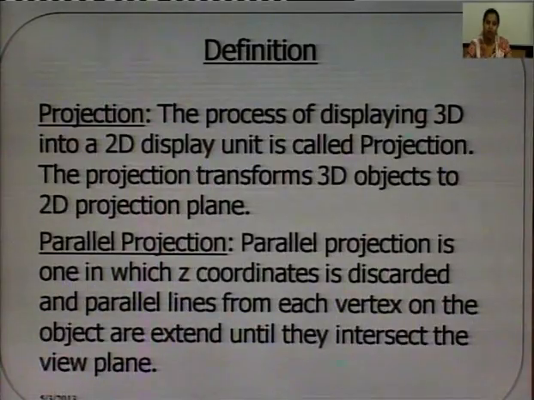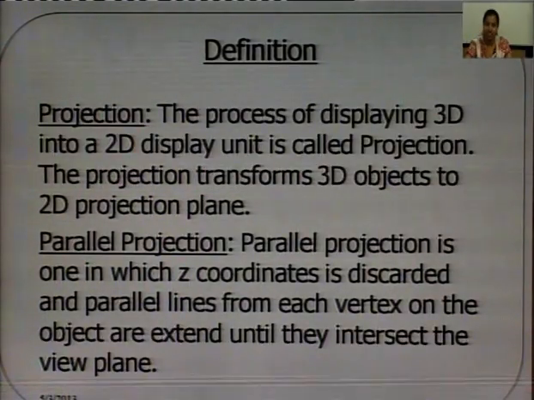The parallel projection is one in which the z coordinate is discarded and parallel lines from each vertex on the object are extended until they intersect the view plane.